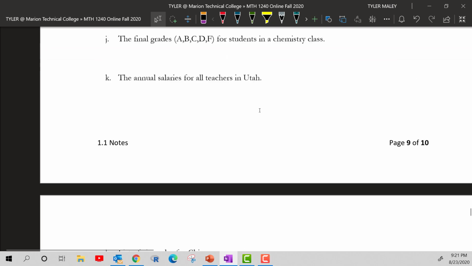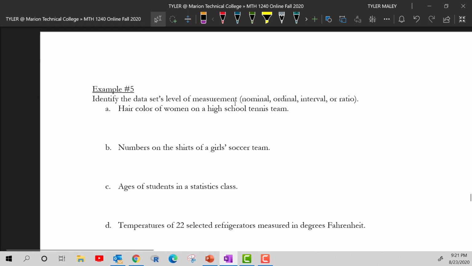So then this last thing I have, example 5, is being able to identify the data set's level of measurement: nominal, ordinal, interval, or ratio. Right. So I have a lot of examples of practice with this because I know it's maybe a little hard, or not something you're used to doing, right? So the first one we have here is hair color of women on a high school tennis team.